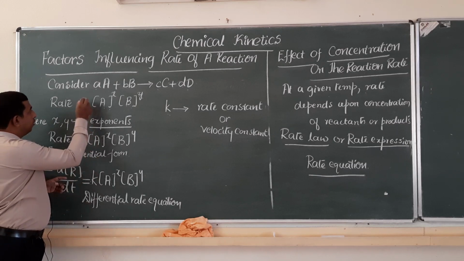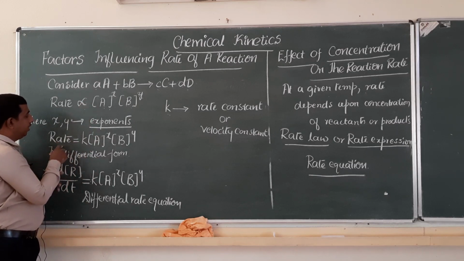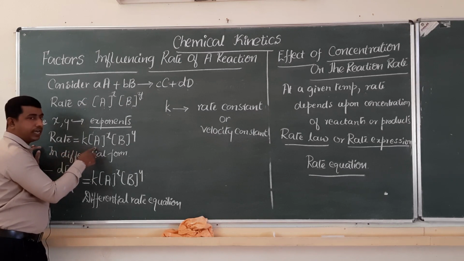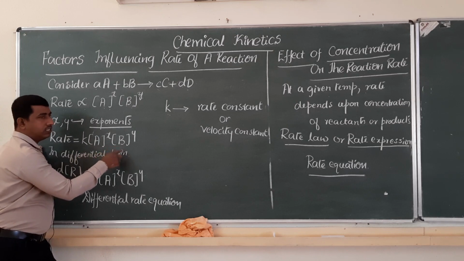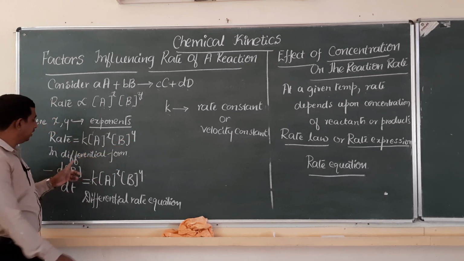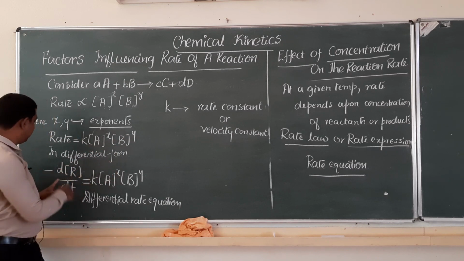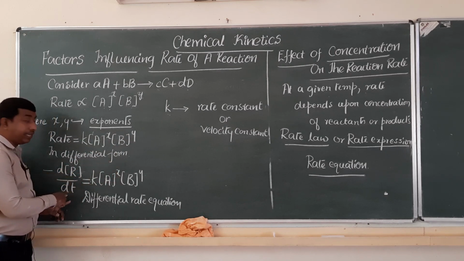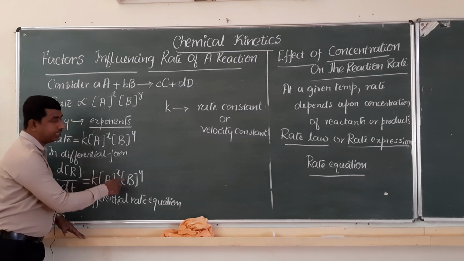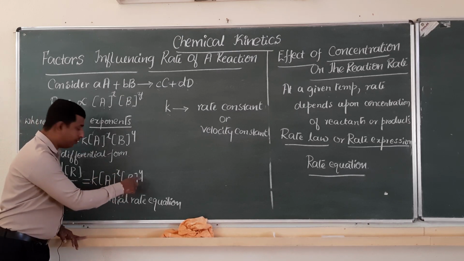On removing the proportionality sign, we get rate equals a proportionality constant k times the concentration of A to the power x times the concentration of B to the power y. The same equation can be written in differential form also, that is minus d[R]/dt equals k times [A]^x times [B]^y.